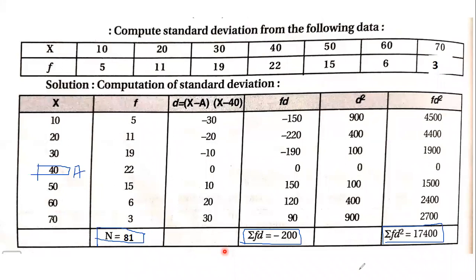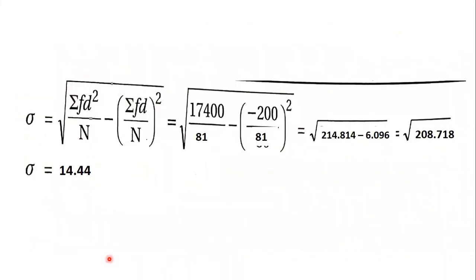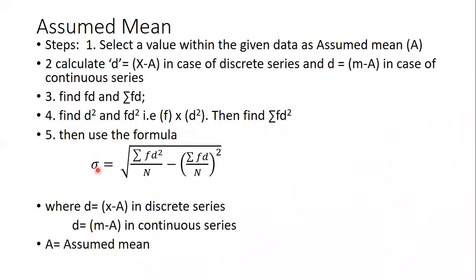Let's put all these numbers into the formula and solve it. Now, the formula, as we had seen in the steps, is sigma is equal to root of sigma fd square by n minus sigma fd by n whole square. So we are going to apply the same formula here.